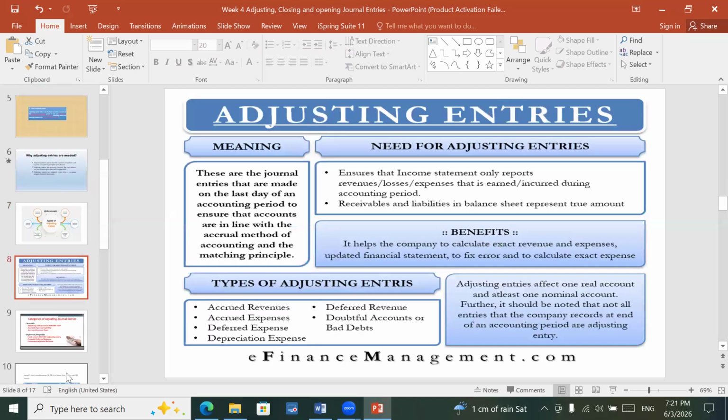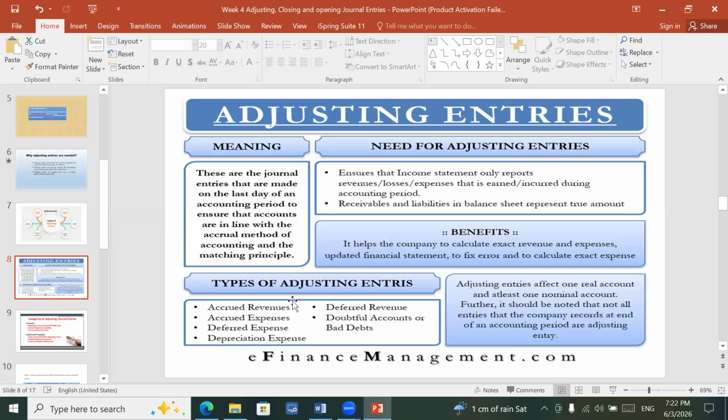Some information is highlighted by the slide, needed, meaning, and benefit. Now I am going to discuss the types of adjusting entries more clearly and simply, as highlighted at the bottom of the slide. Types of adjusting entries: accrued revenue, accrued expense, deferred expense, deferred revenue. Depreciation expense and bad debt or doubtful account, no need.